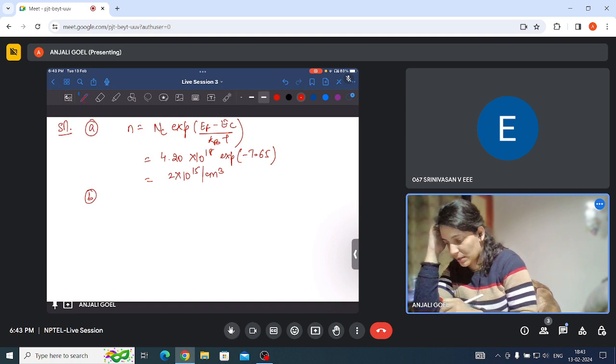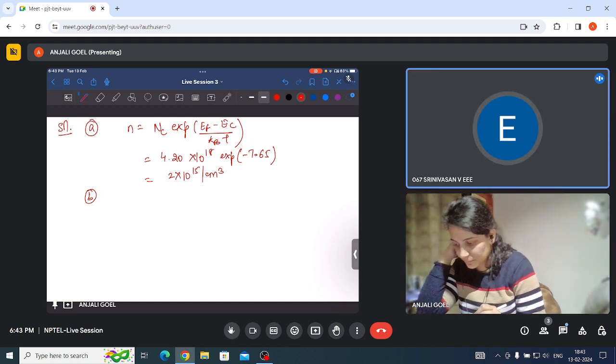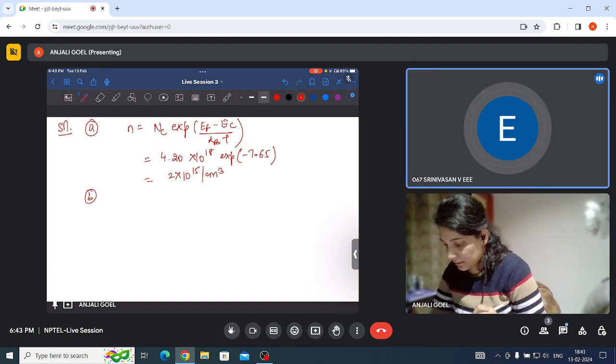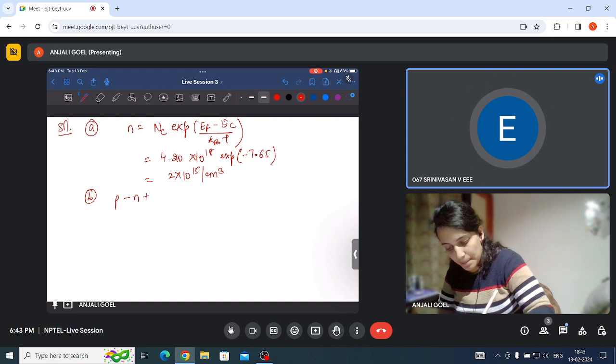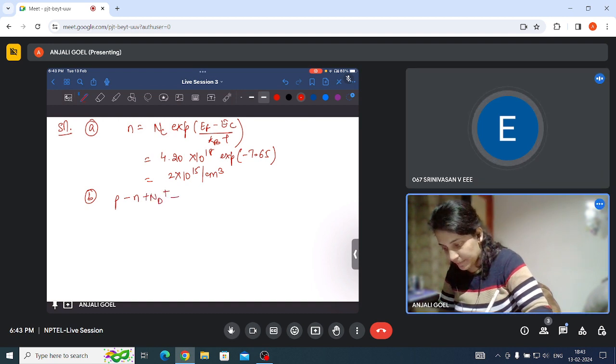Okay. So going by the space charge neutrality, P minus N plus ND is equals to 0.